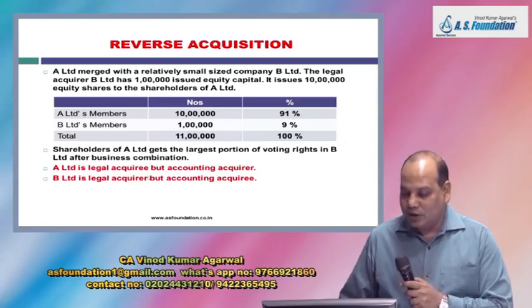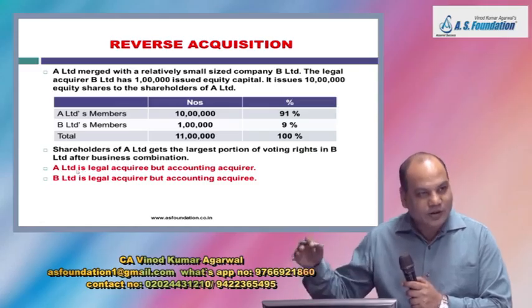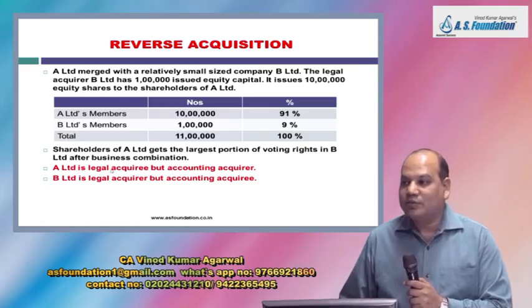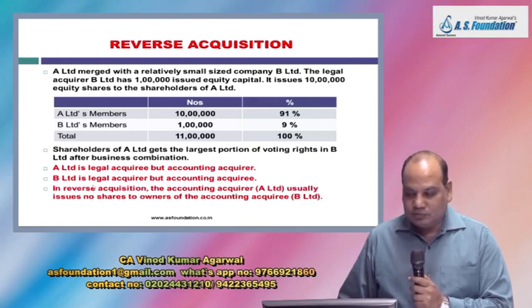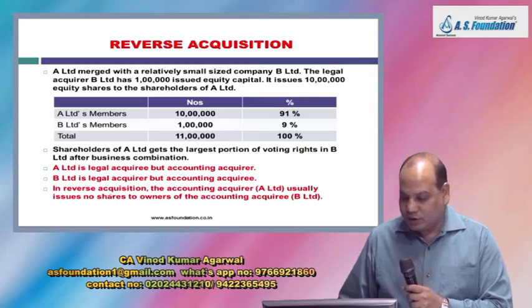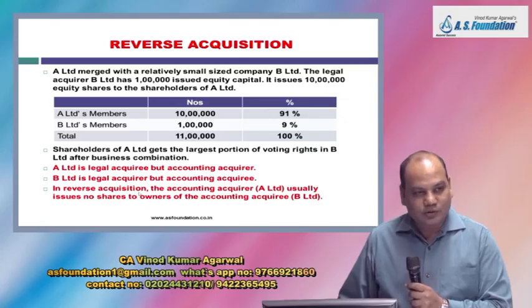So while passing entry in the books of B Limited, A Limited's assets and liabilities will be recorded at carrying amount, book value, and B Limited at fair value. So that is a small change you have to do in reverse acquisition, and that I am going to dictate you how to do that, journal entries.